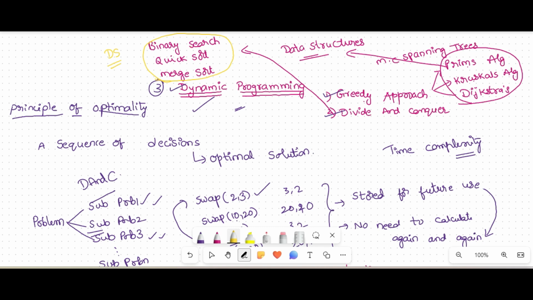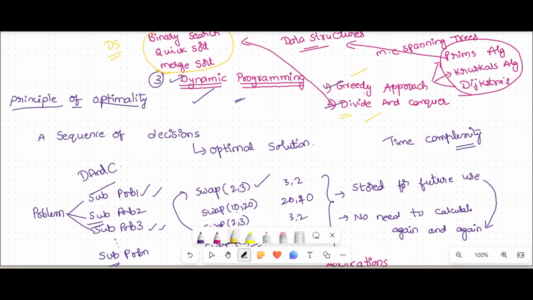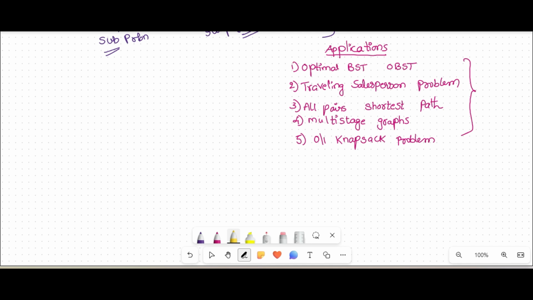So I have already added these three techniques in the divide and conquer playlist. Why should we take a video again for these concepts, which is a waste of time? So please watch these algorithms in data structures. You will get these in the greedy approach and those in the divide and conquer approach. Now, in the next video we are going to discuss the applications.